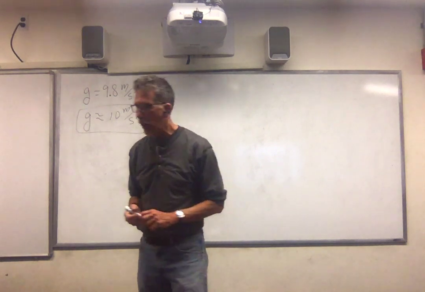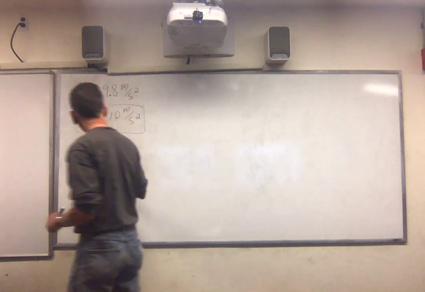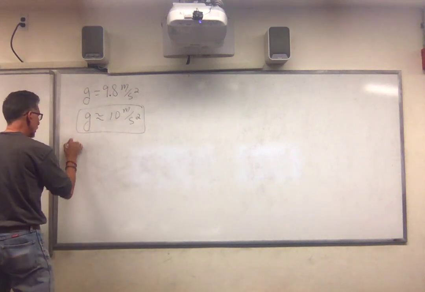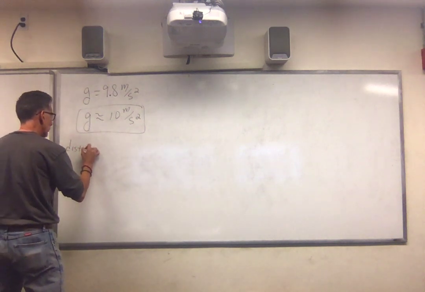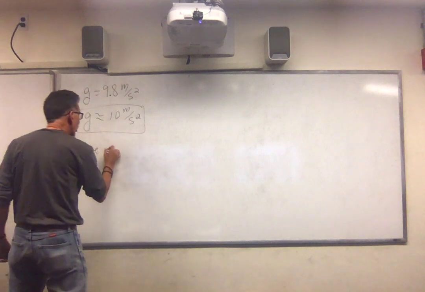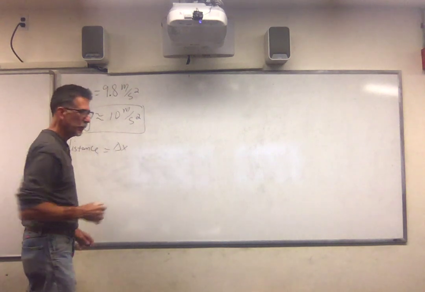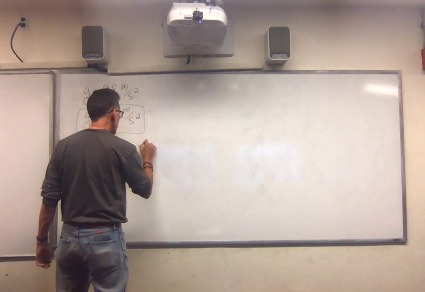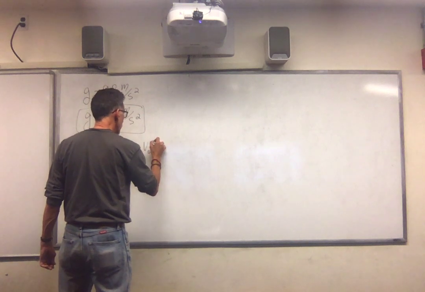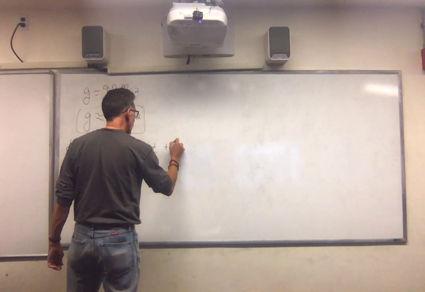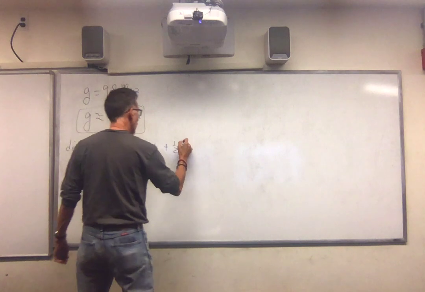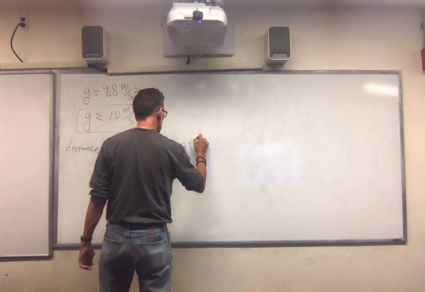All right, how far? Well, if you remember our equation, distance, we could call that delta x, we could be very fancy if we want, is equal to v0t plus 1/2 at squared.